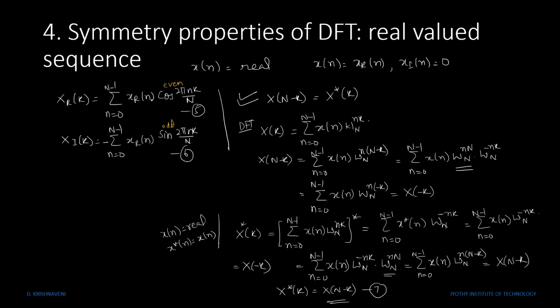Summation of even sequence, it will be there. Summation of odd sequence, all the samples are going to cancel each other, and xi of k will be equal to 0. xr of k will be summation x of n cos 2 pi nk by N, but xi of k will become 0 because it is summation of even into odd.